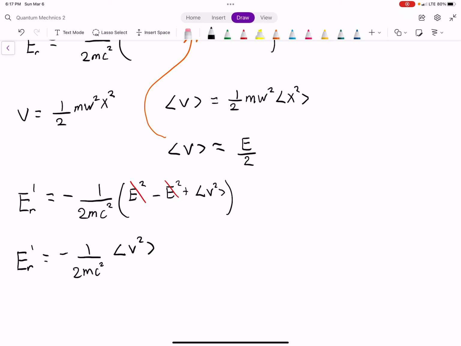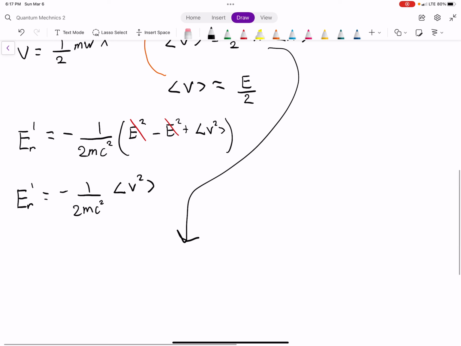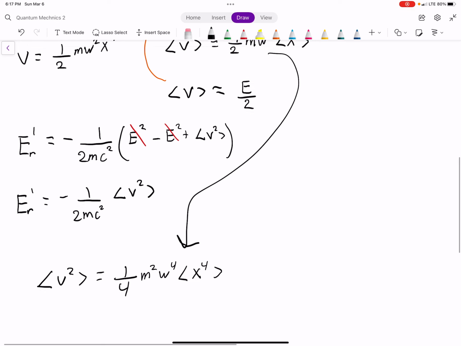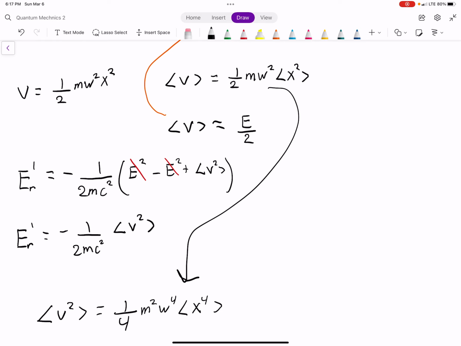So now, with that in mind, the expectation of our potential squared, just squaring everything, is 1/4 m squared omega to the 4th, the expectation value of x to the 4th. All we did was square our potential there.